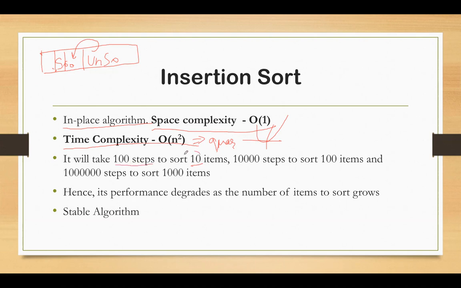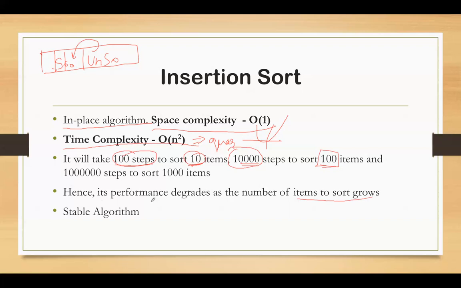Suppose we are sorting 10 items, then we need 100 primitive steps. If we have 100 items to sort, then we need 10,000 steps. As the number of items grows, the number of primitive operations increases significantly. Hence, its performance will degrade as the number of items to sort grows.